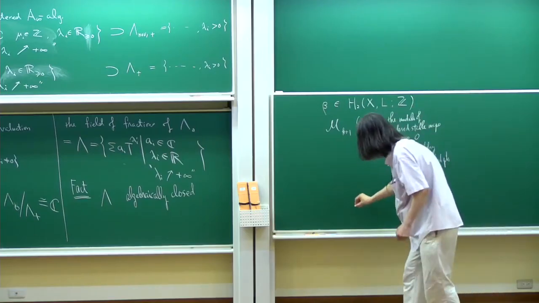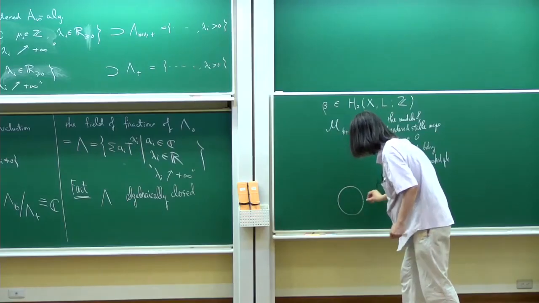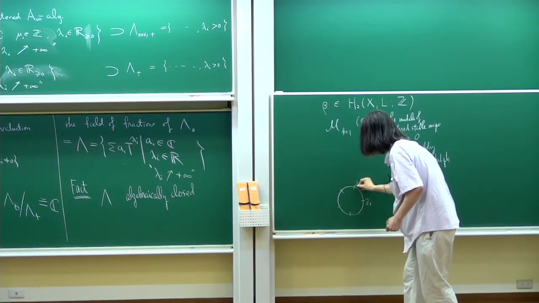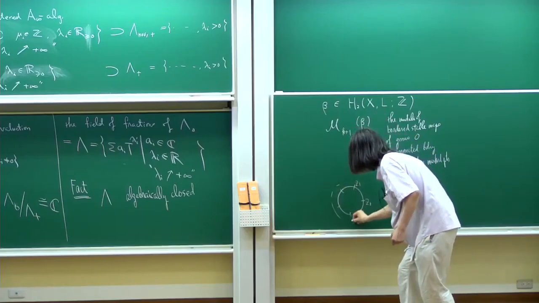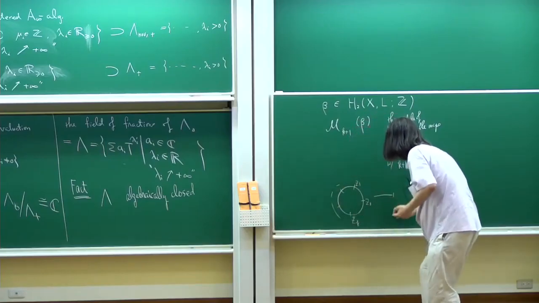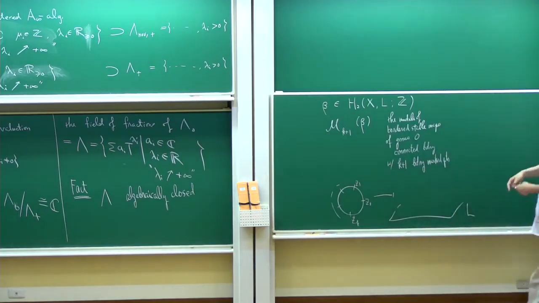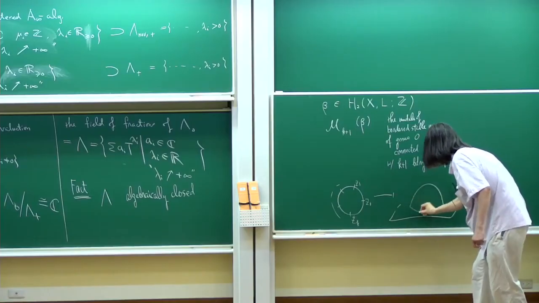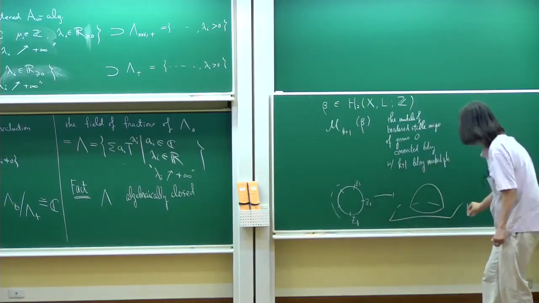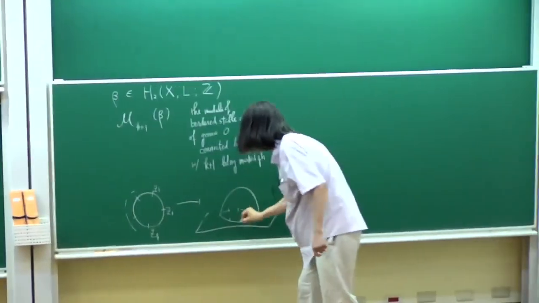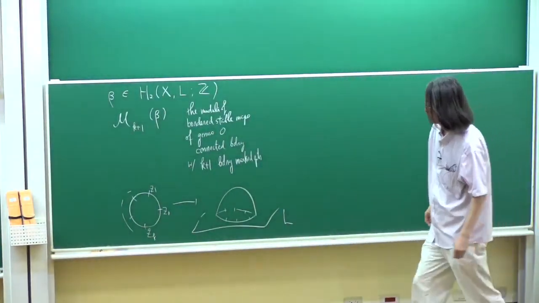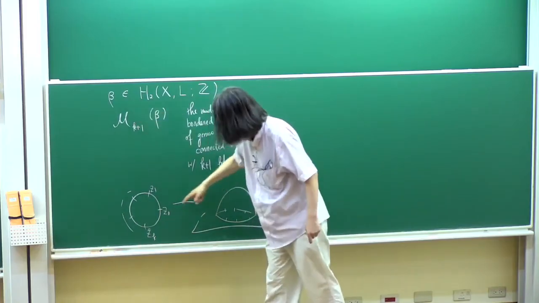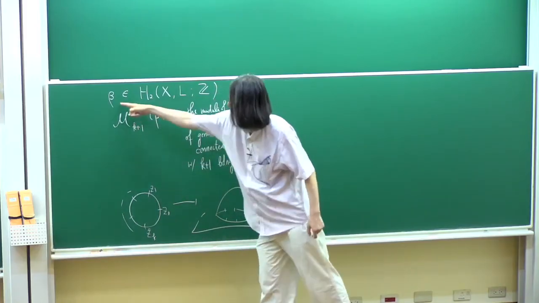Namely, maybe the simplest case is that I just have a disk with k plus 1 marked points on the boundary, and then a map to a manifold X with Lagrangian boundary conditions. So the picture may be something like this, and there are a bunch of points here, and I require that this map represents class beta.